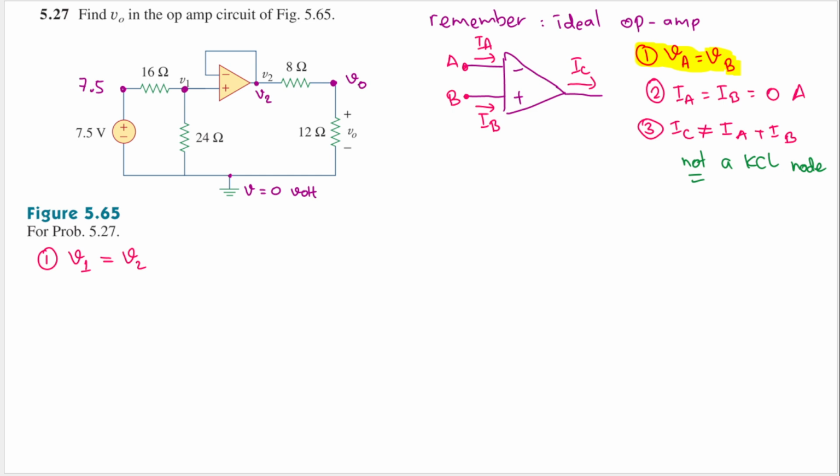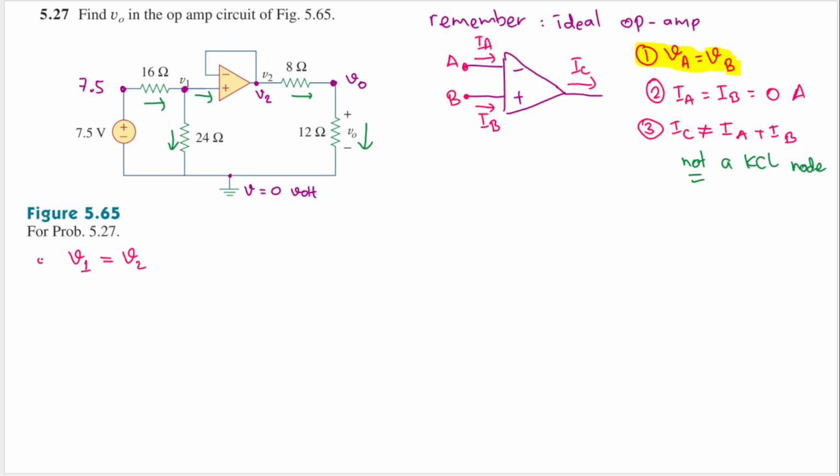Okay, let's assume the direction of the current. This is going to the right, and then this is going down. This goes into the op-amp, and maybe this is going to the right, and this is going down. Now, what can we get from here?